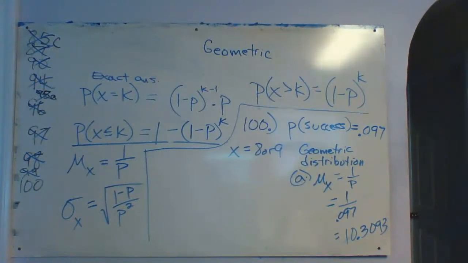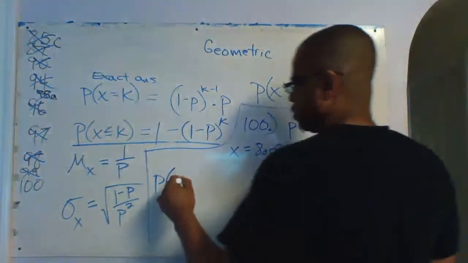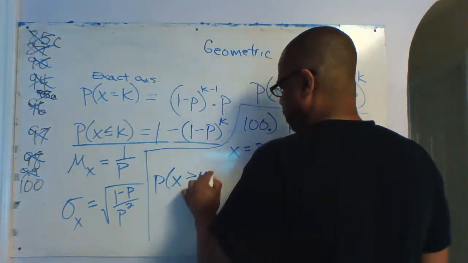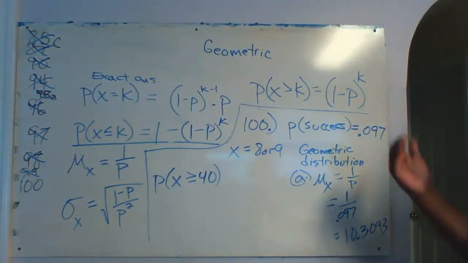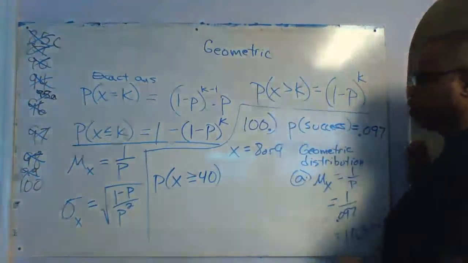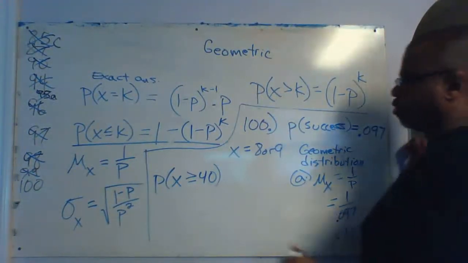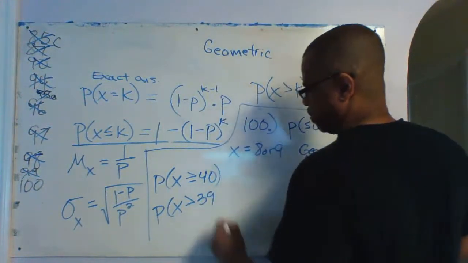For 100, it said you don't get an amount starting with 8 or 9 until 40 invoices. So in other words, X is going to be at least 40. They say you don't get it until the 40th try, so it's the 40th try and beyond. So that'll be greater than or equal to 40, which is the same as saying X is greater than 39.